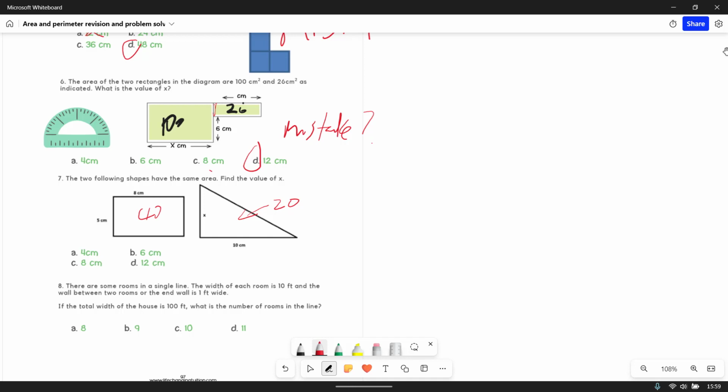They have the same area, so base times height over 2. So 10 divided by 2 times x equals 40. So that's 5 times x. 10 divided by 2 is 5. So what times 5 gives you 40 is 8. So number 7 is C.